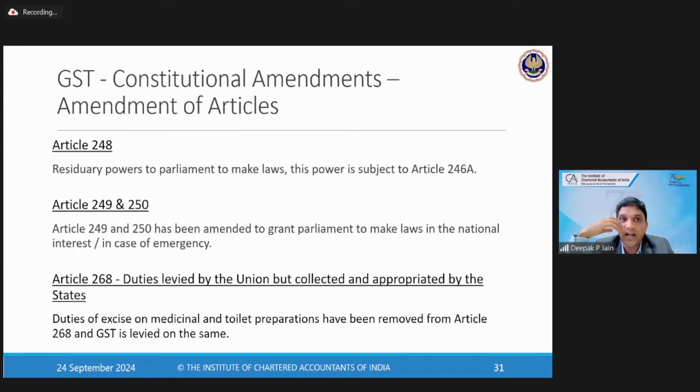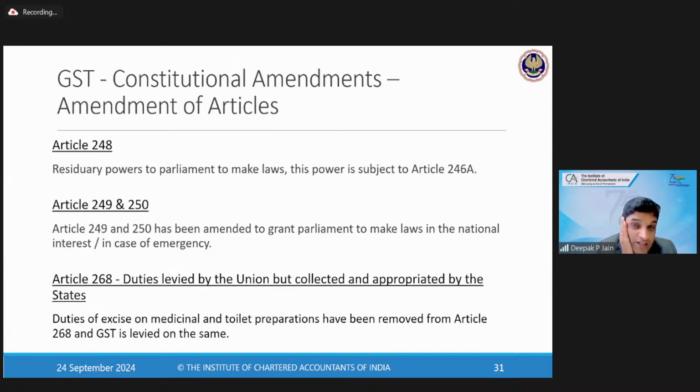The central government can, on its own, make a law only in 2 instances: when it is in the national interest, which should be approved by the states, or in case of an emergency, when emergency is declared, when the GST Council may not meet and things like that, then the central government can straight away pass GST laws. Residuary powers is the balance powers. जो balance powers है, that is called as residuary powers.